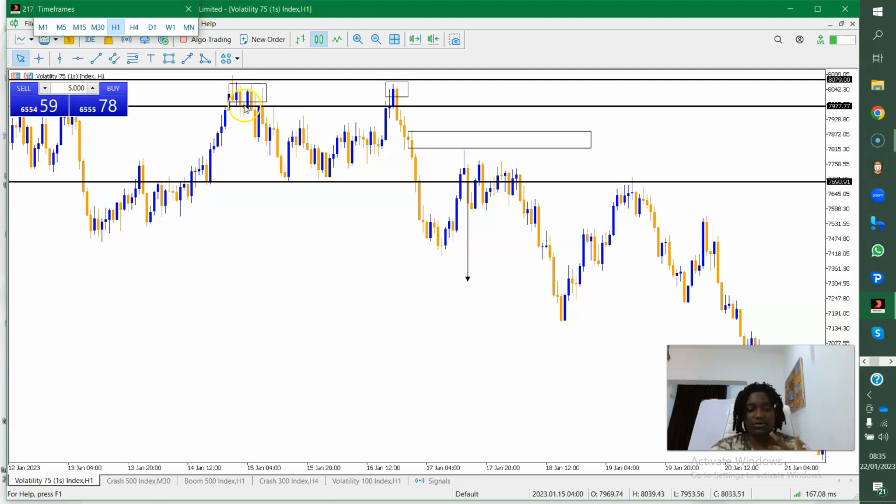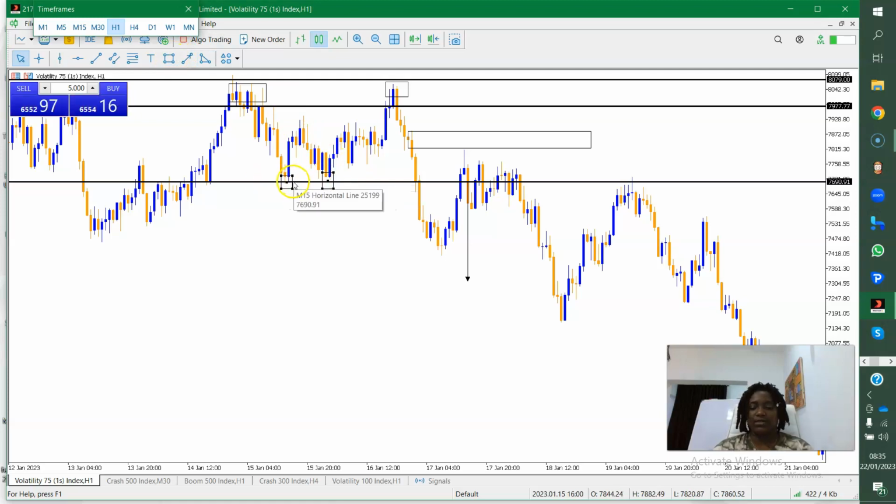After the shooting star candle, subsequent candles were going in line with the move of the shooting star, right? And then price sold all the way to this point. This is also a very important level, right? And then price went up again and came back here to retest at this same point.